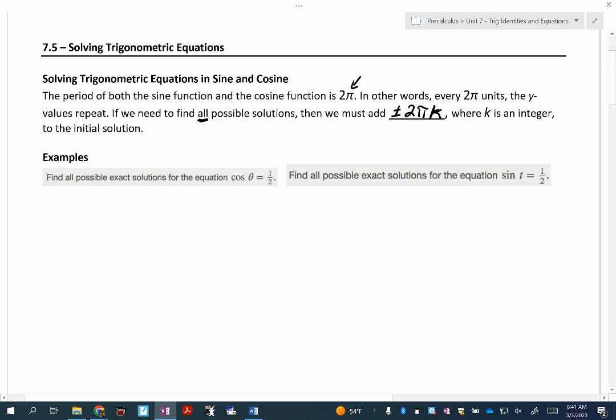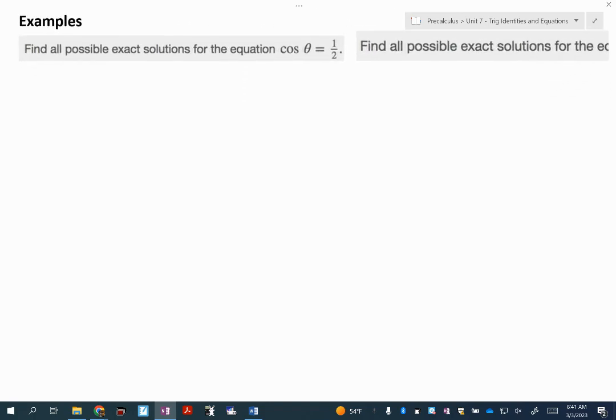So let me give you an example with this first one, cosine. It says find all possible exact solutions for the equation cosine of theta equals 1/2. This is very similar to the work that we did in the last unit on going backwards, doing the inverse function.